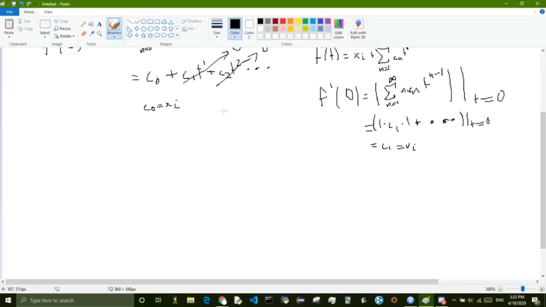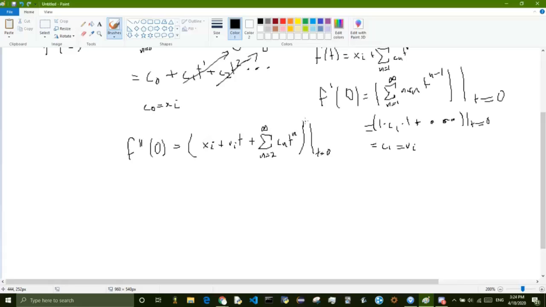So the next term is vi, which is c1 times t to the 1, right? So vi plus the remaining terms, which are running from n equals 2 to infinity. We're taking the second derivative of this, cn t to the n. Then we're evaluating this whole thing at t equals 0. So I'm packing a lot into this one line, but I hope you can follow.